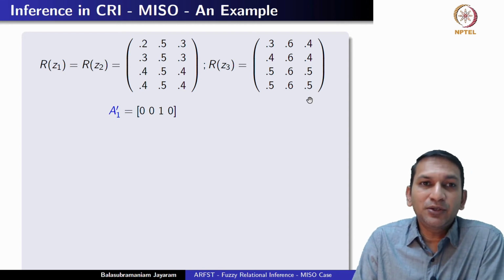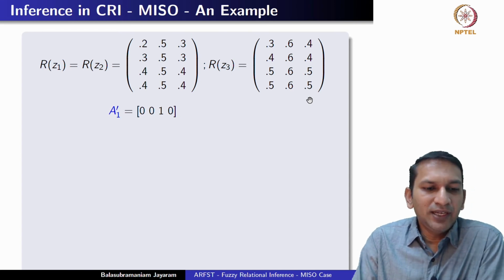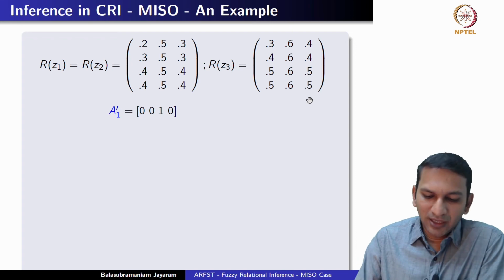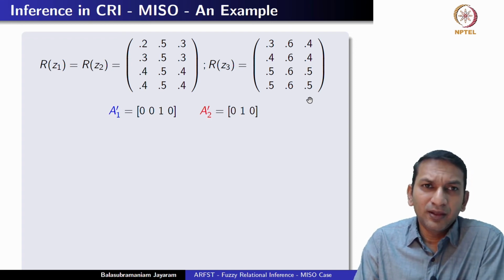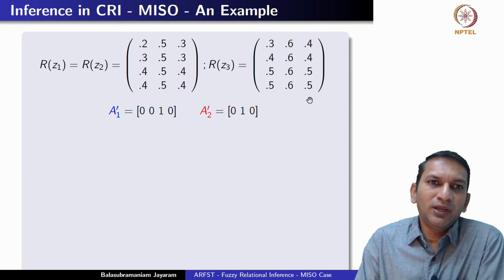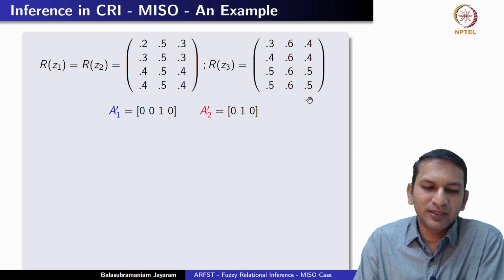Now, we need to be able to infer with this. Let's for the moment take a very simple case wherein the given inputs A1 dash and A2 dash are in fact singletons. That means what? They take the value 1 at only one of those 4 discretized points, and 0 everywhere else.